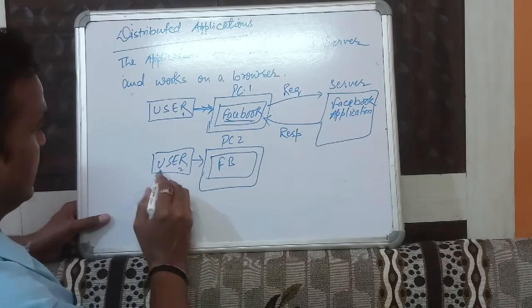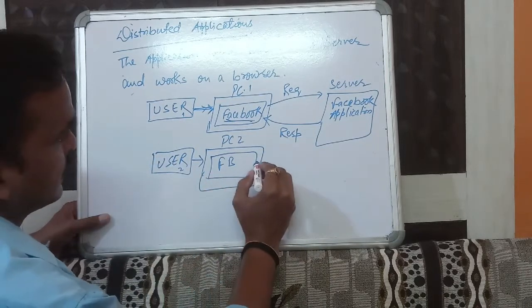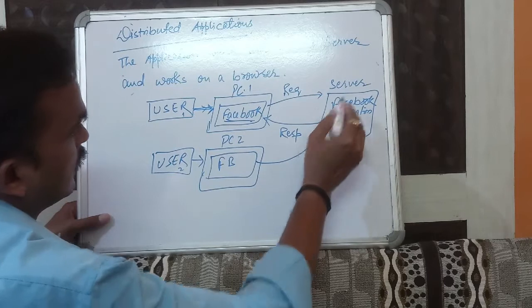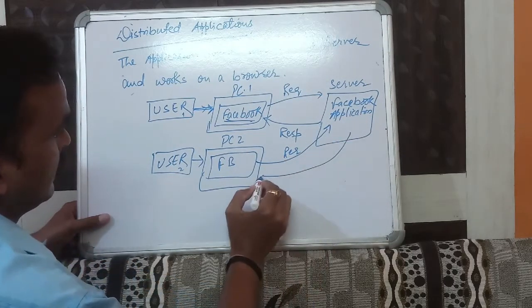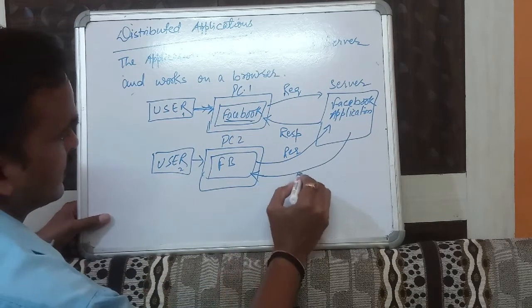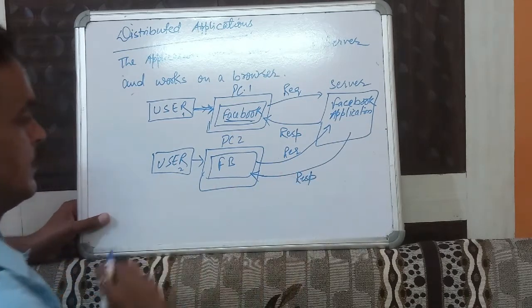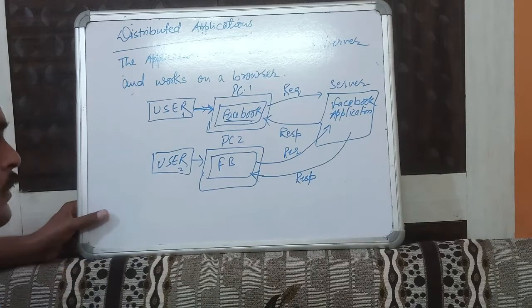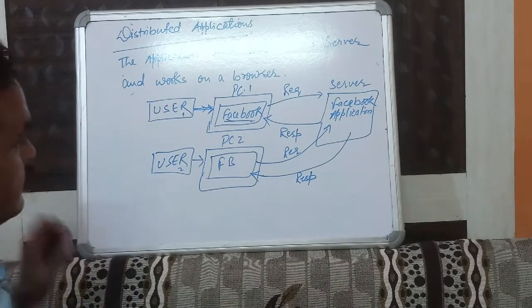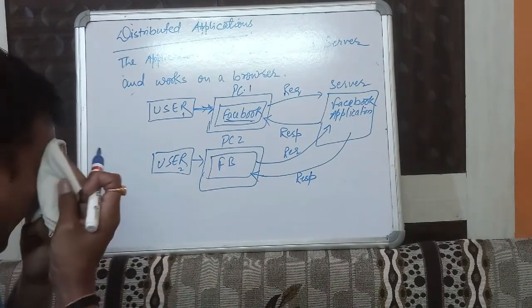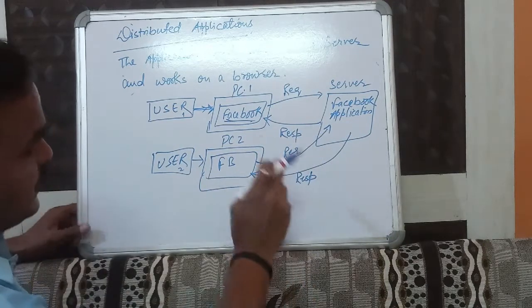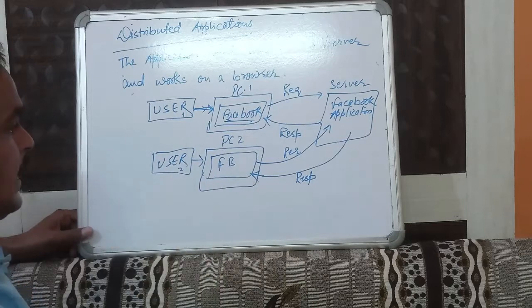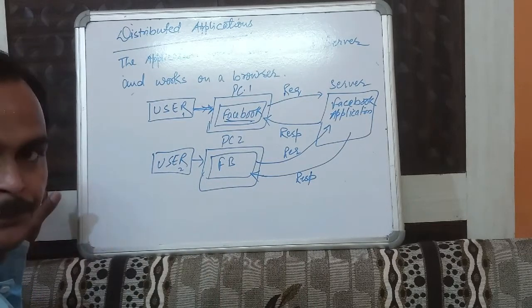So again user 2 will make a request to the server, and again the server will give the response, and on the basis of the request the server will provide the resultant value, that is the Facebook page, to the client or user PC.